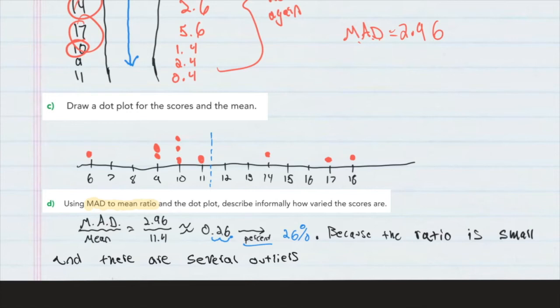So we do have some outliers, but at the end, we can say that the data is pretty well spread out, even with those outliers.